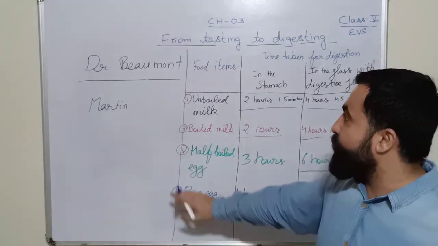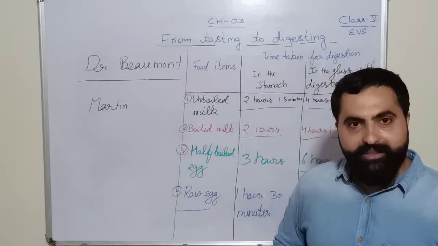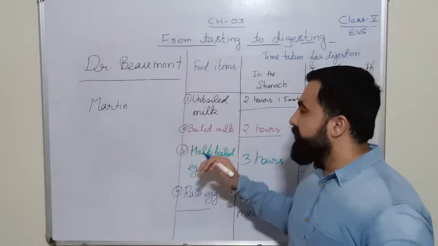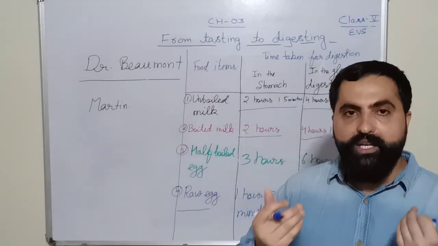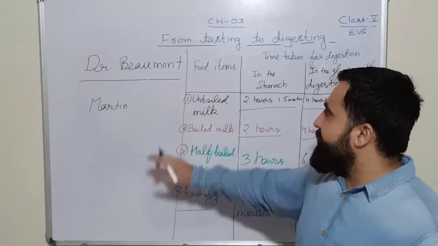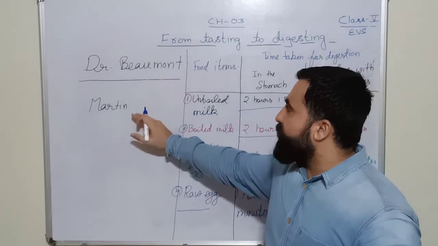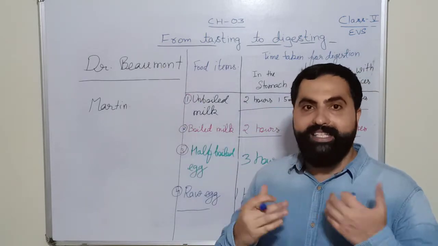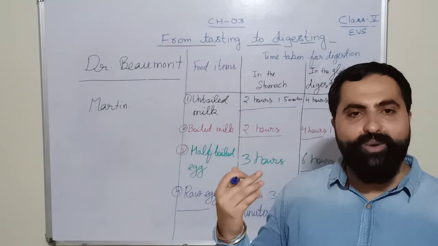Yes, that is also told by Dr. Berman. And he told everyone that every food item in our body takes a different time to digest. So that is the story about Dr. Berman, what he discovered, and what he told to the world.